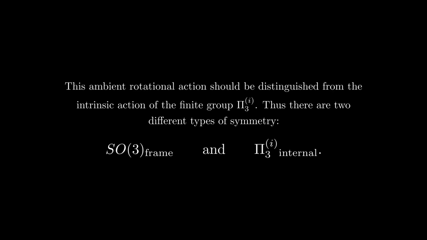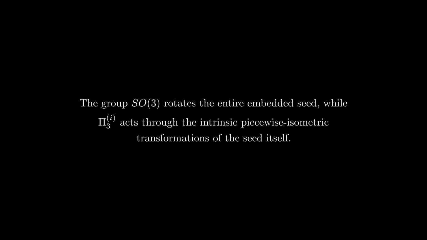We'll also take pi, an internal symmetry group pi3, which is like a piecewise isometry group acting on the internal geometry of the seeds themselves. So the SO3 group rotates the entire embedded seed while the pi3 acts through these piecewise isometric deformations of the seed itself.